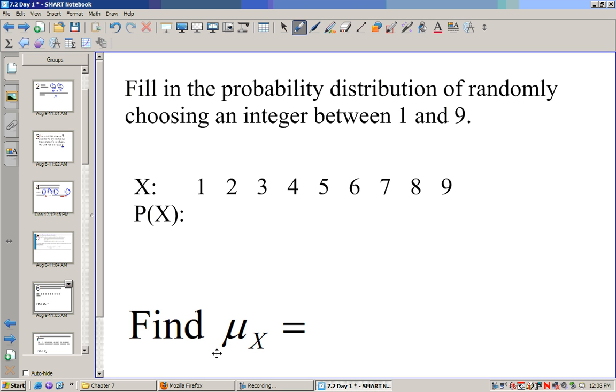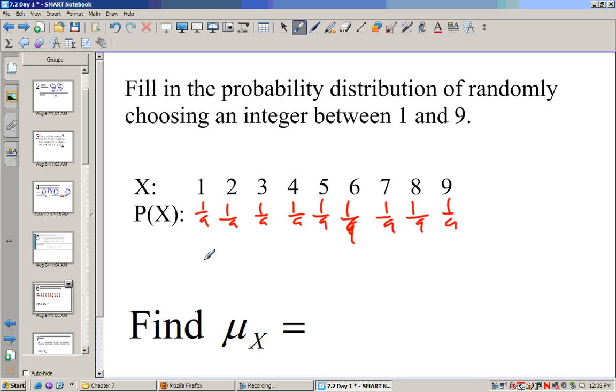Now, if we want to fill in the probability distribution for all the integers from 1 to 9, if we're just picking random integers, there'd be a 1/9 chance of getting all of these. That's supposed to be a 9. And now if I want to find the mean, I'll do that in a different color.